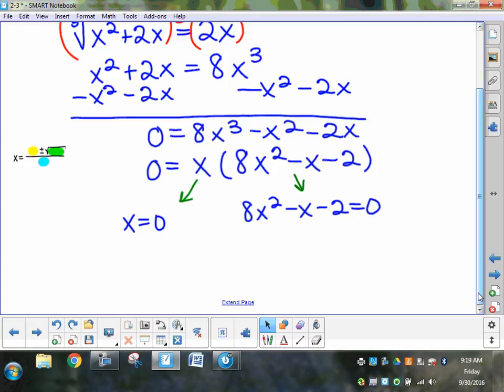What would that outside product be? Just the coefficients, I'm sorry. So just negative 16. Are there numbers that multiply to negative 16 and add to negative 1? Yes or no? Are there numbers that multiply to negative 16 and add to negative 1?